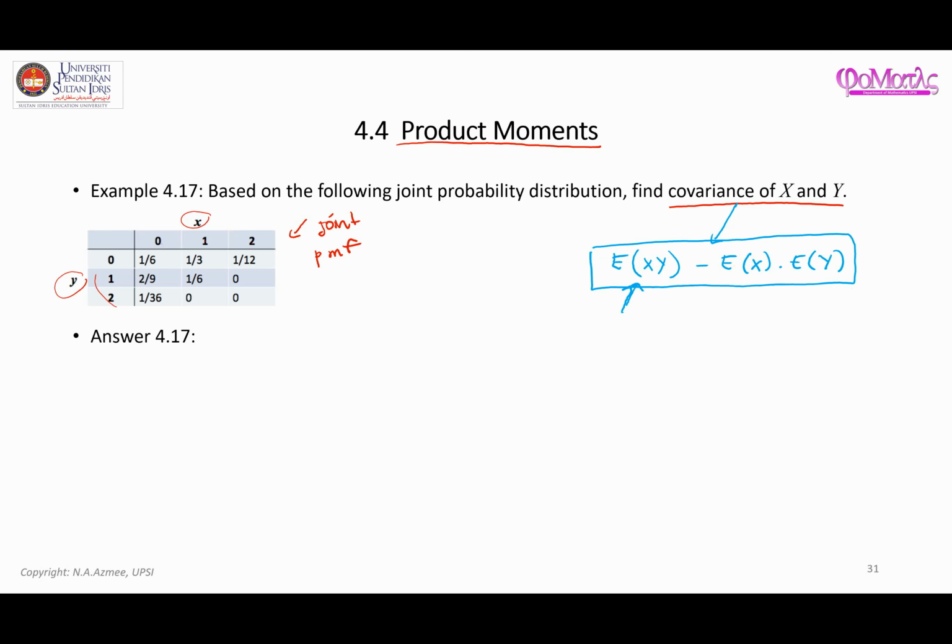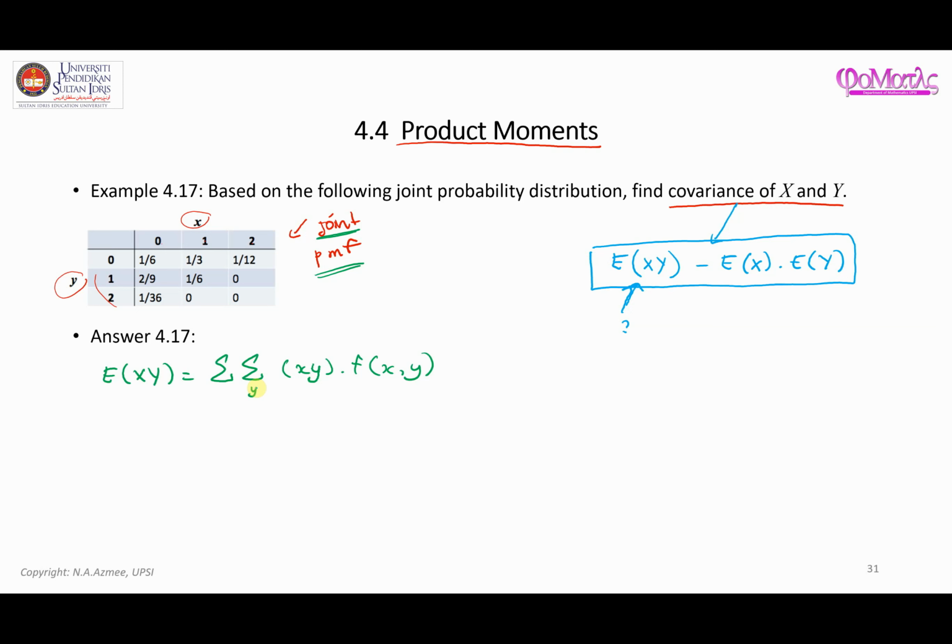According to the formula, the expected value of xy involves a double summation. We plug in that item right next to our f(x,y), which is the joint probability mass function.